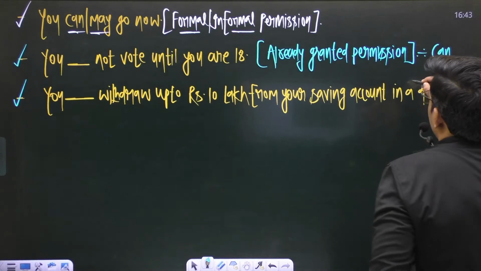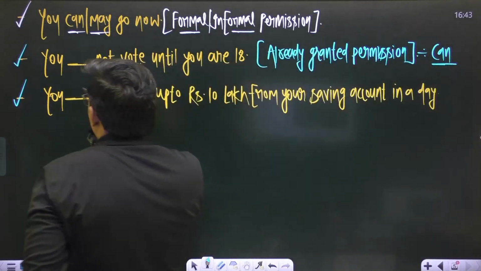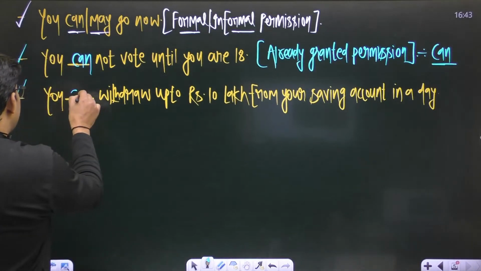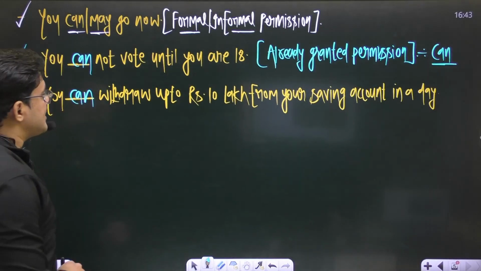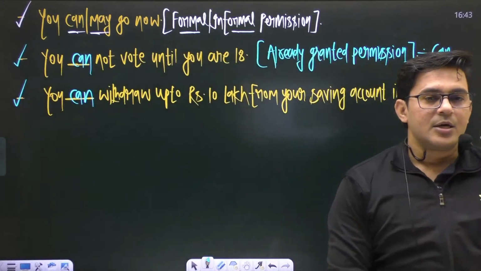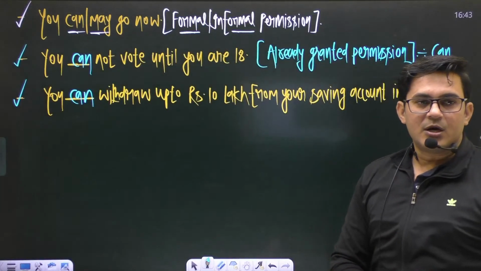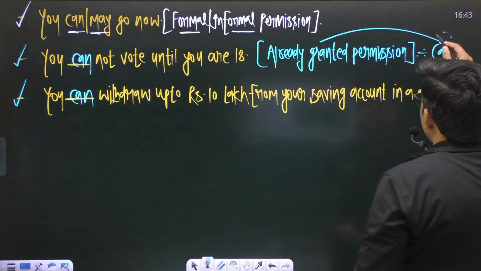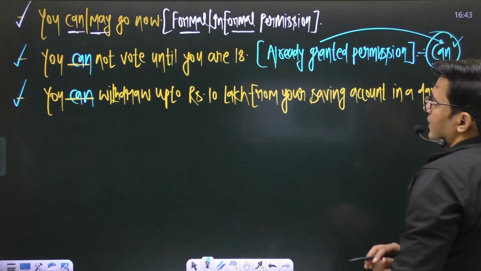We use can, not may. So the sentences will be: you cannot vote until you are 18 and you can withdraw up to rupees 10 lakh from your saving account in a day. Both sentences will be fine now. Whenever you talk about already granted permission, we use the modal auxiliary verb can.